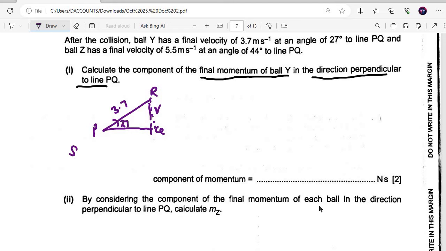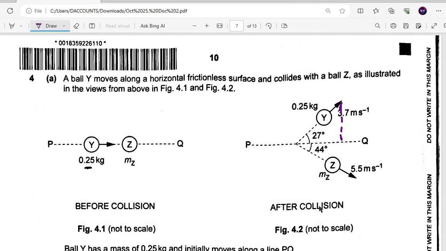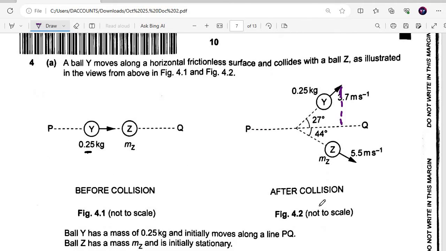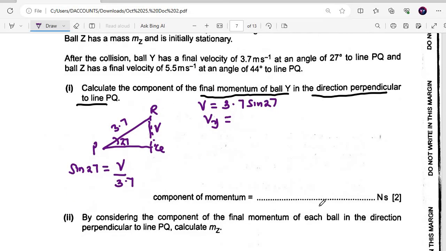Sine 27 is opposite over hypotenuse, so the velocity is 3.7 sine 27. So the velocity of Y perpendicular to PQ is 3.7 sine 27.